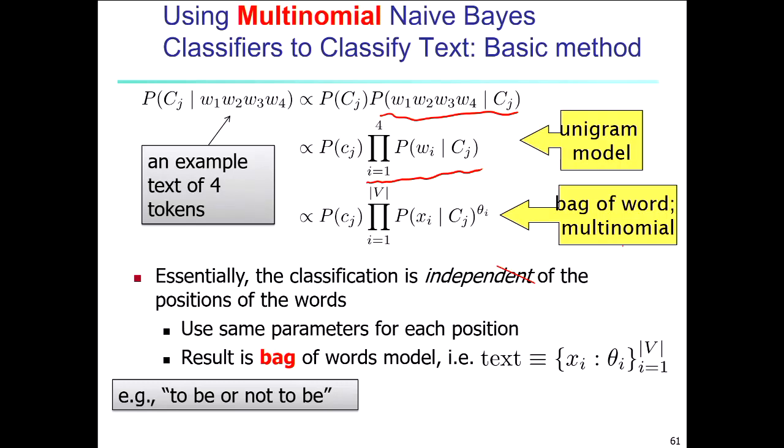And if, let's say, there are duplicate Wi in this text, then it falls to the bag of words model. For example, let's say W1 equals W2.